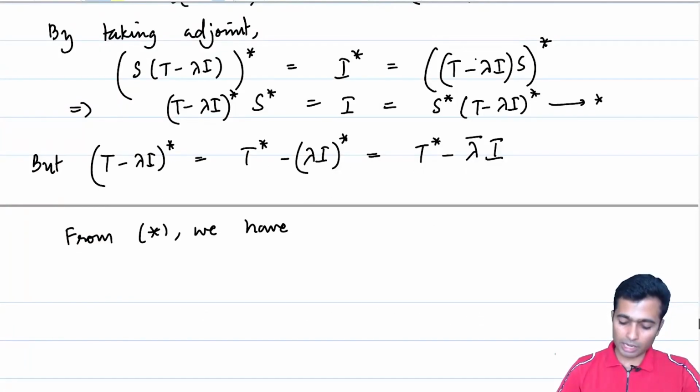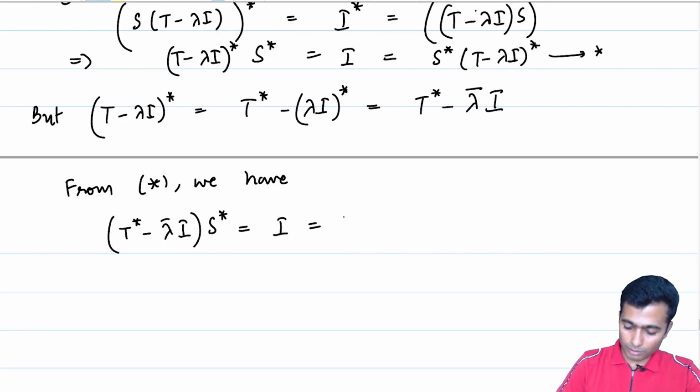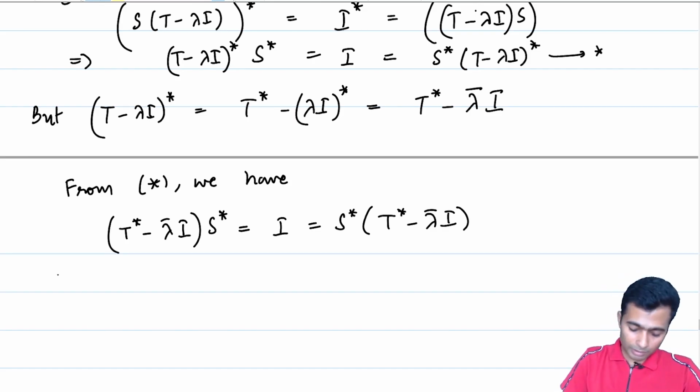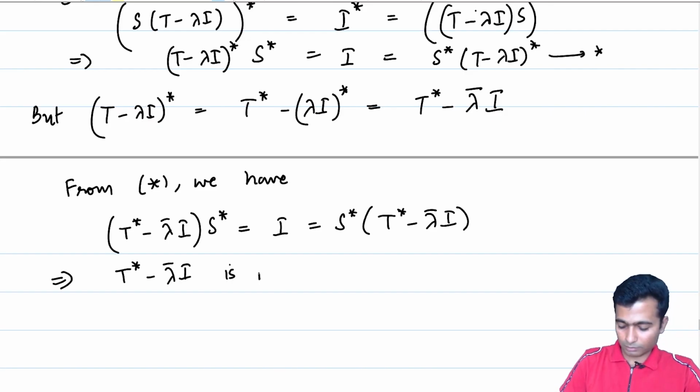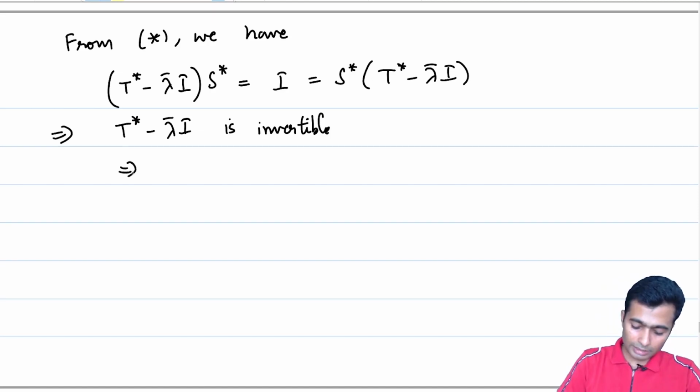Star says that T minus lambda I the whole star times S star, which is T star minus lambda bar I times S star, is the identity, which is equal to S star times T star minus lambda bar I. This means that T star minus lambda bar I is invertible. That means that there does not exist any vector v that belongs to the null space, which implies that lambda bar is not an eigenvalue of T star.